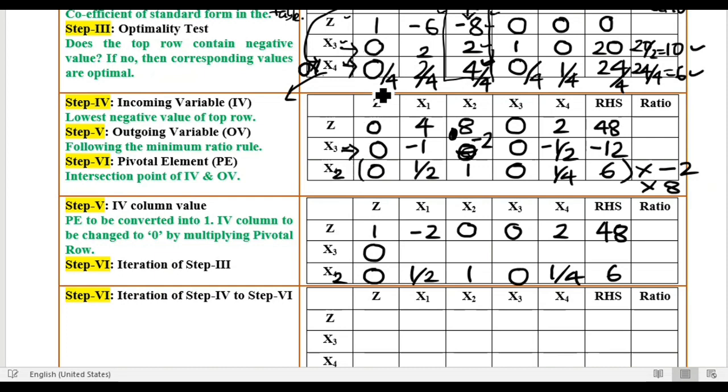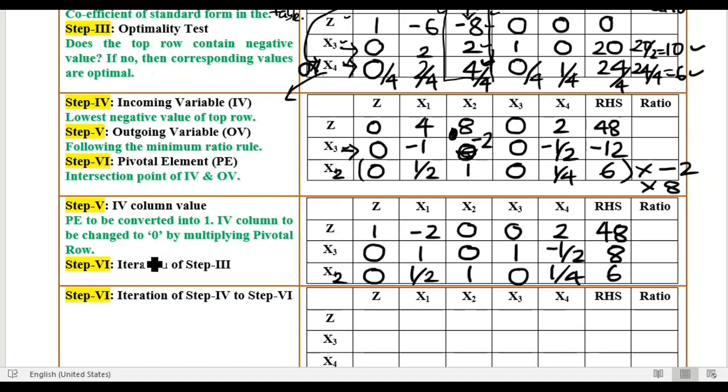So 0 plus 0, 2 minus 1, that is 1, 2 minus 2 is 0. Then 1 minus 0, this is 1. Then 0 minus 1 by 2 minus 1 by 2, 20 minus 12, that is 8.